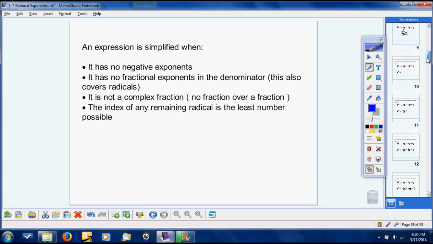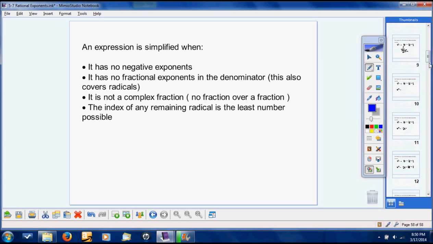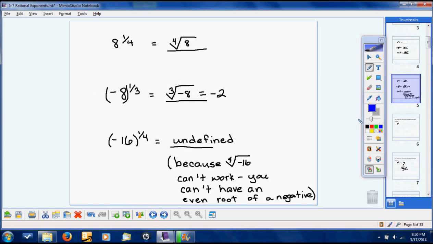Alright, well, let's check these out here. Number 5. Is the index the least number possible? Yep, the index is the least number possible. Even if I rewrote this as 2 to the 3rd, we could possibly put it in another form.